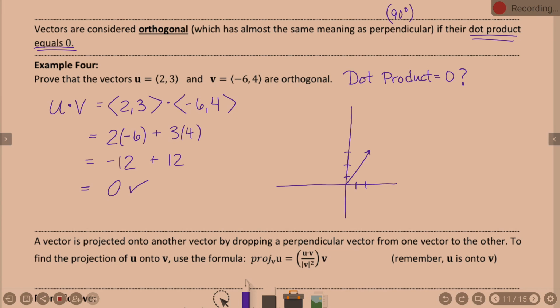Then -6, 4: left 6, up 4. We don't know 100%, but does the picture make the vectors look like they are orthogonal? Yeah, that looks like a right angle to me.